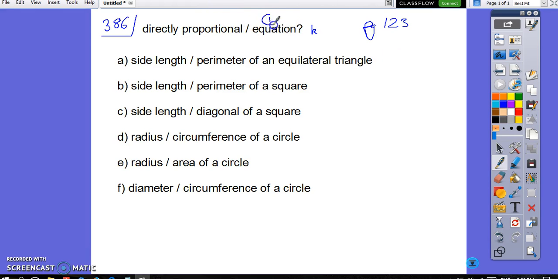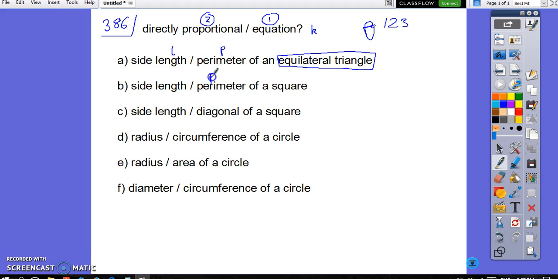I'm first going to develop an equation for the relationship shown, and then I'm going to ask myself, does that represent a directly proportional relationship? Because I think that's the easier way round of doing it. So if I had an equilateral triangle of side length L, and it had perimeter P, how would I relate those two in a function?